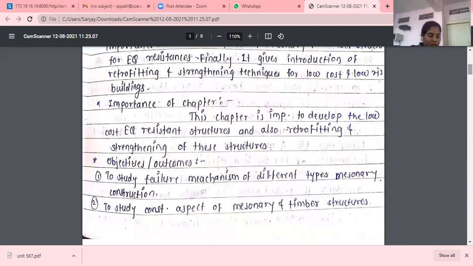Below this, write down the importance of the chapter.